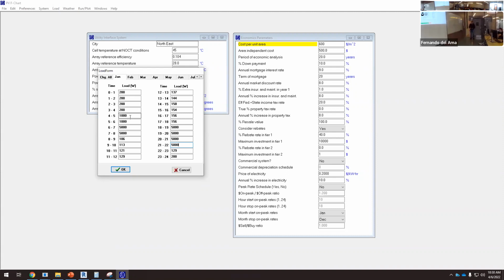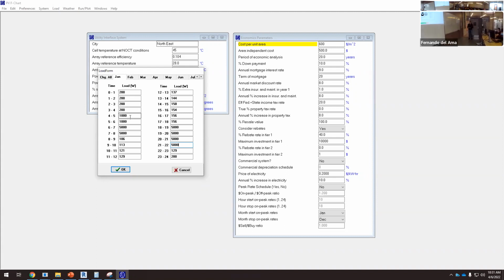What is the production? Do I produce anything at midnight? No. At 1 a.m.? No. 2? No. So this is 0. When do I start producing something? Probably at 8 p.m. So the consumption curve will be something like this. Okay.